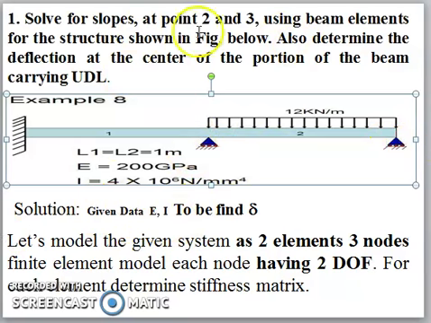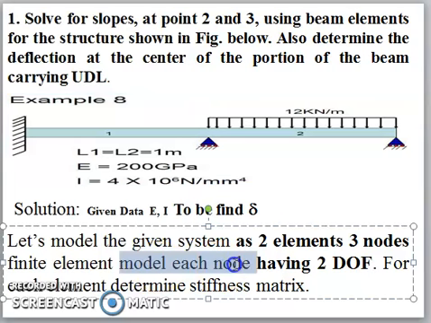Now the solution. In the given data, E and I, that is Young's modulus and moment of inertia, are both given. Let us model the given system as two elements and three nodes: element 1, element 2, node 1, node 2, node 3. As already said, the FE model has 2 degrees of freedom for each element.